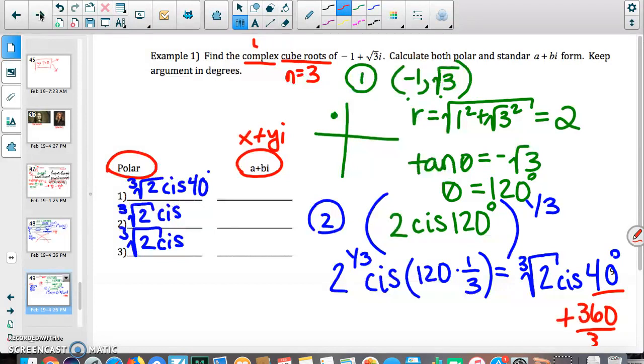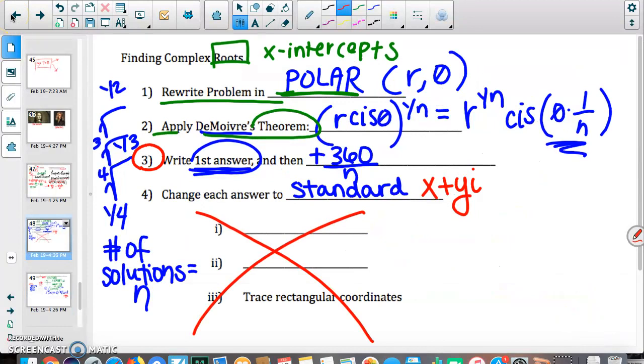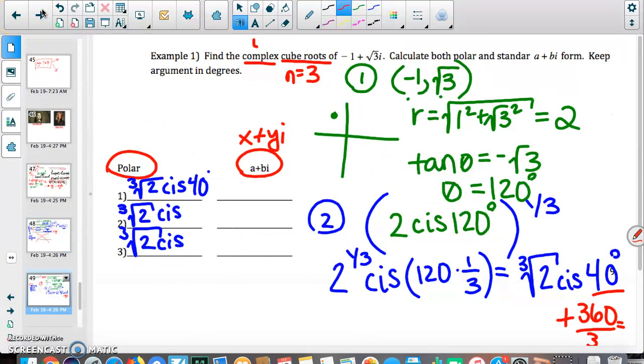N is 3, so 360 divided by 3 is just 120. So I'm adding 120 to my angle. 40 plus 120 gives me 160. 160 plus 120 gives me 280. Yay, I'm done.